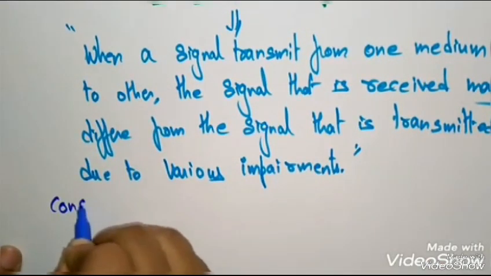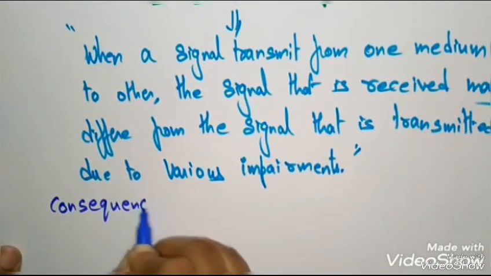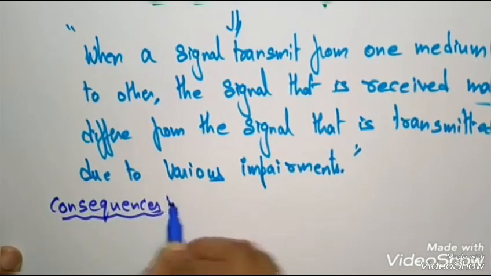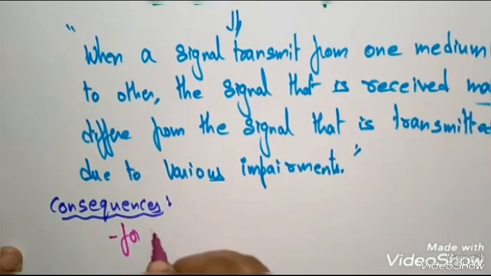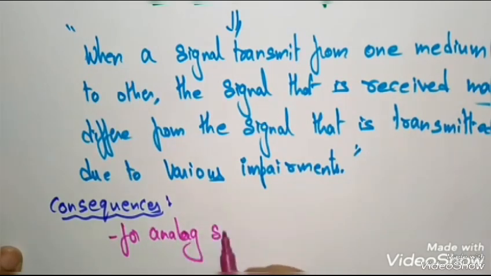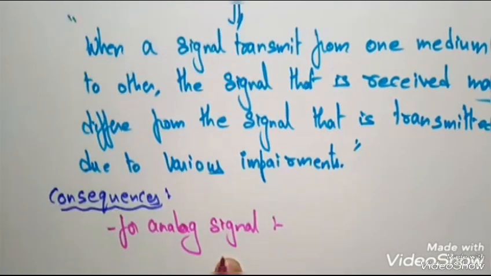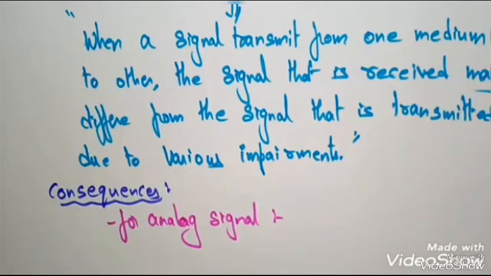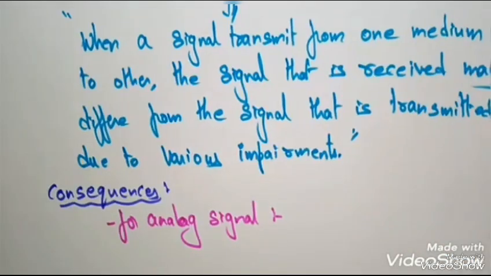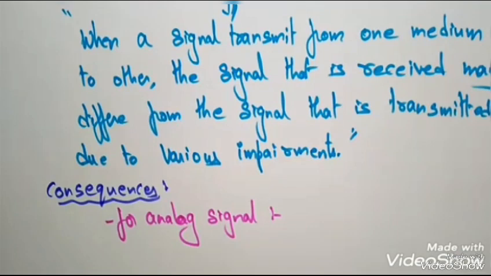Now let us define the consequences of transmission impairment. Here the consequences mean loss. The consequence may occur in two different forms, for analog signals as well as digital signals. For an analog signal, the consequence is that it degrades the quality of the signal.